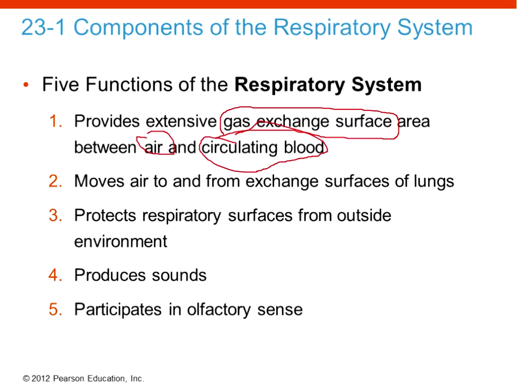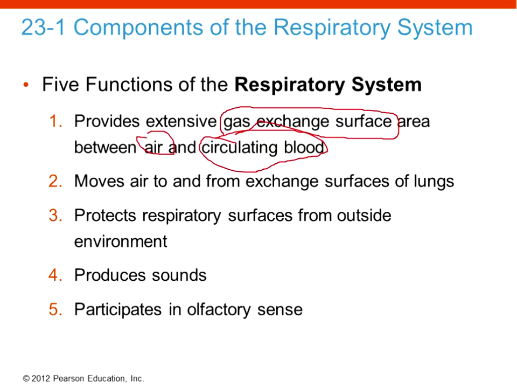As I said before, the CO2 passes the other direction, and we'll look a lot at pressure, how air flows, and concentration gradients. That's one of the big functions: the gas exchange that occurs.